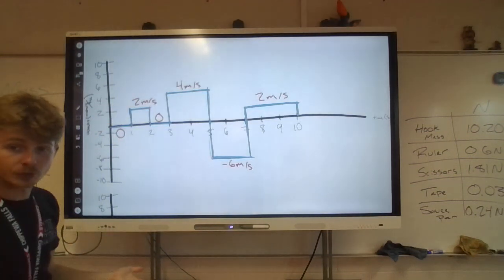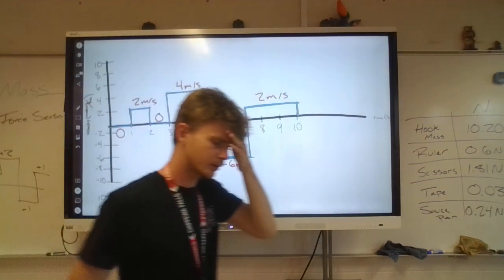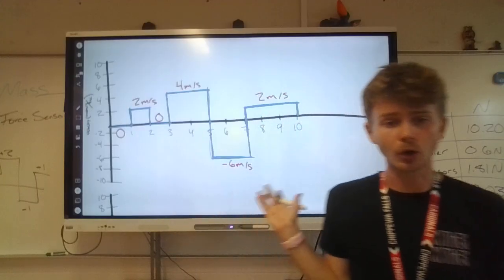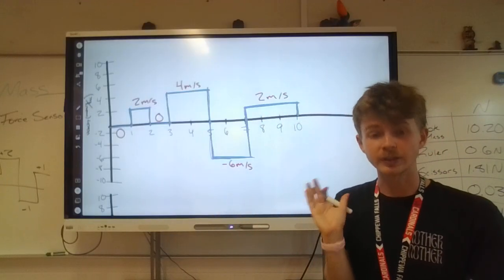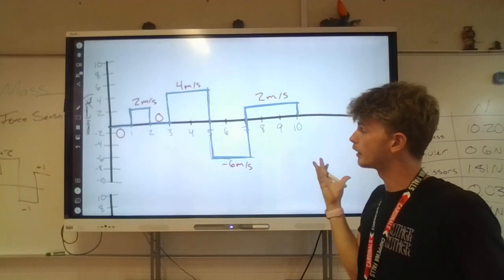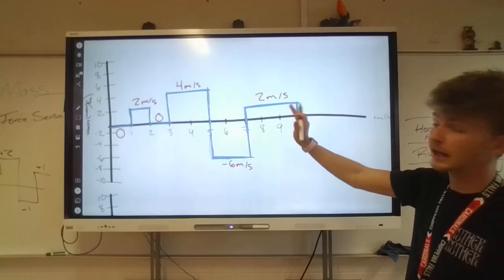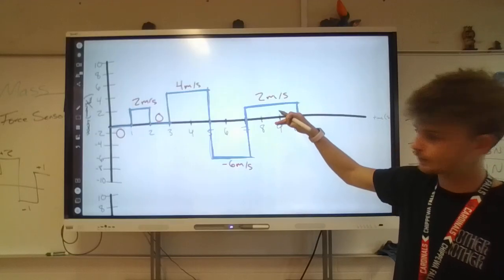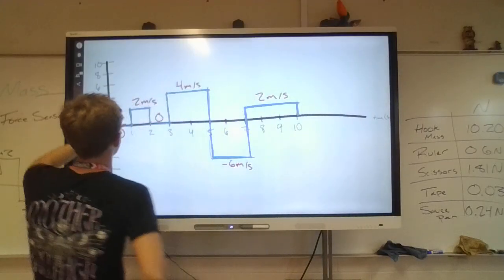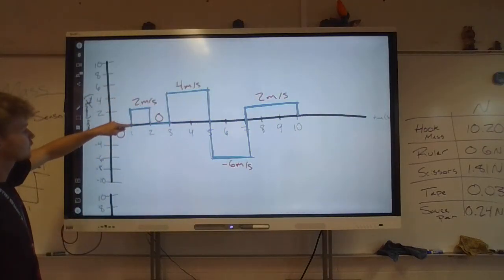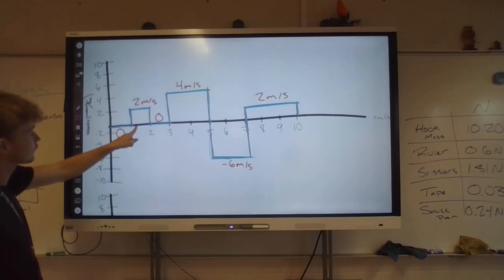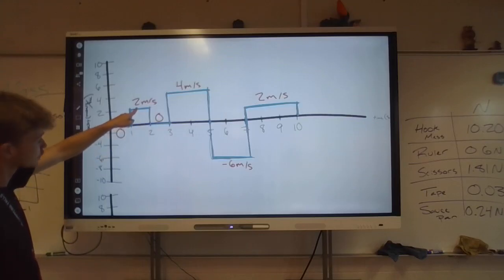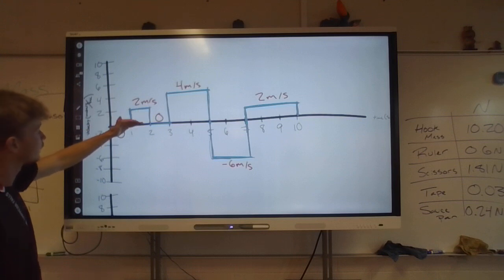There's also another way you could do this, and we discovered this on Tuesday. You can also find the displacement of your position based on the area between your line and your time axis. So for example, if I look here, the distance between my black time axis and the line, which is my velocity, my blue line, is 0 to 2.